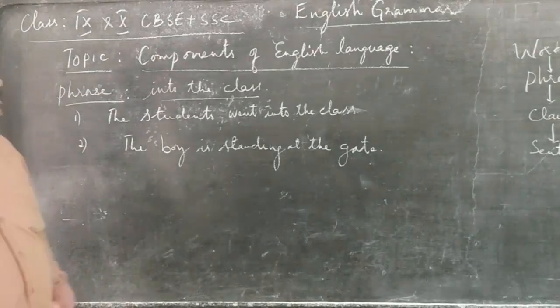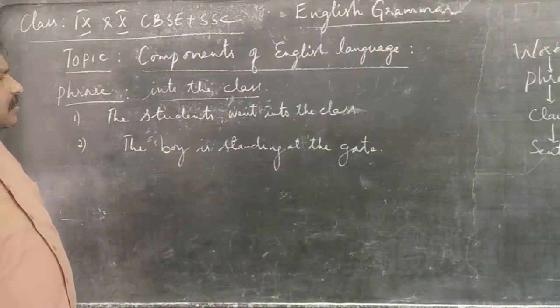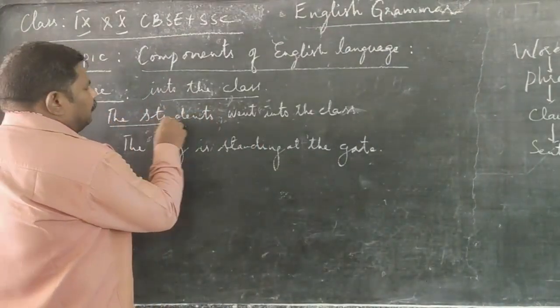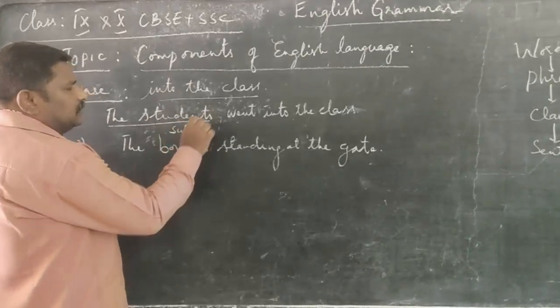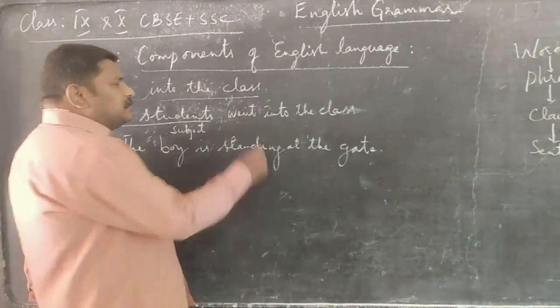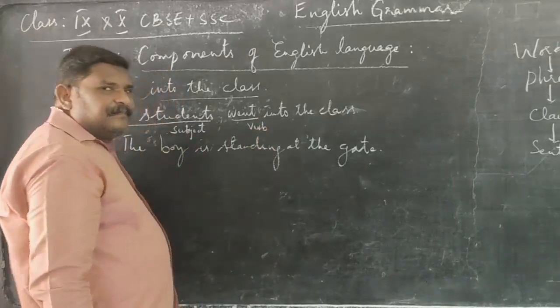Now, if you carefully observe these two sentences, we see here that "the students" can be considered as the subject part of the sentence. "Went" is a verb, of course, the main verb of the sentence.